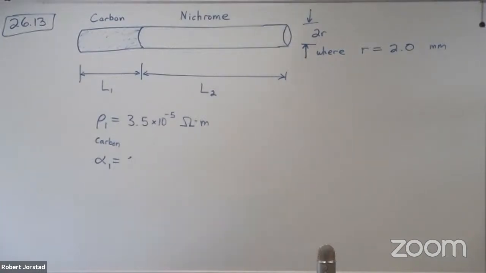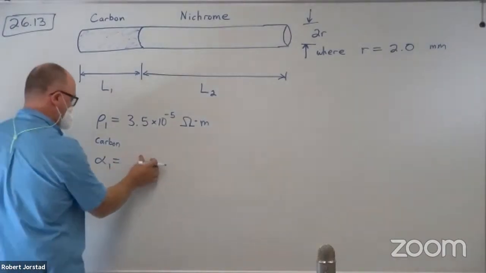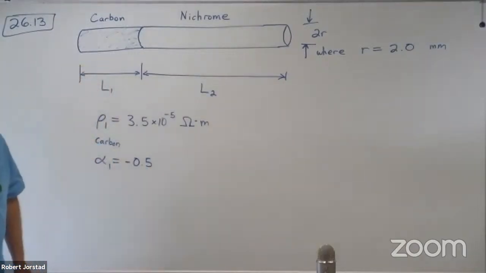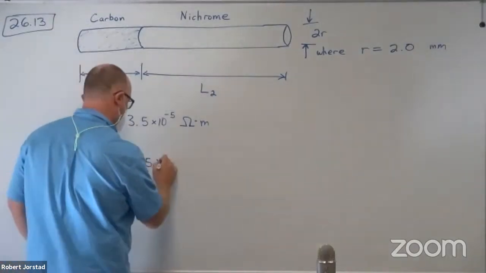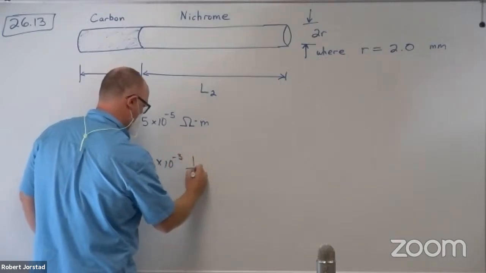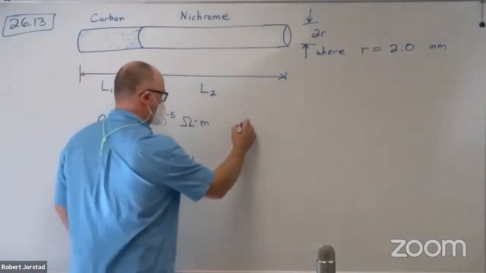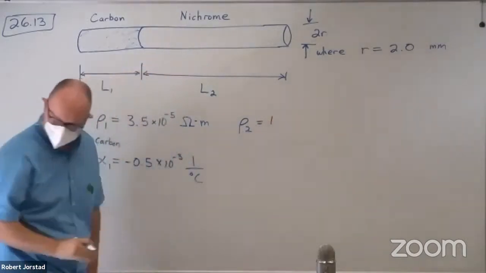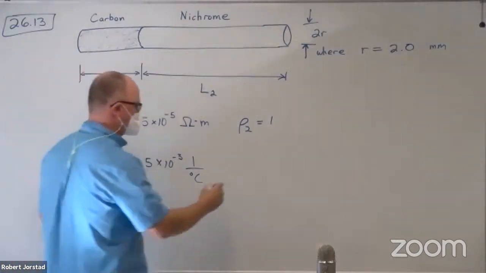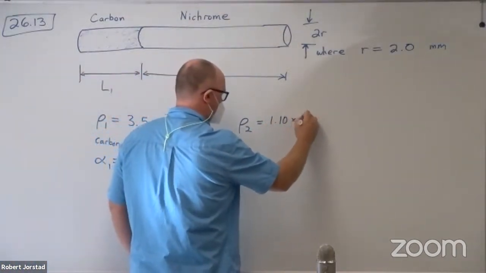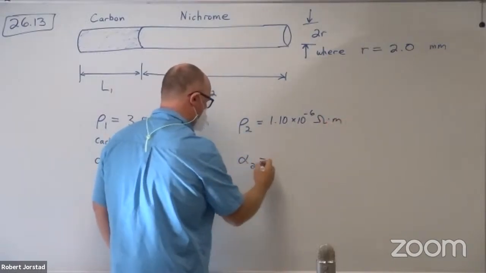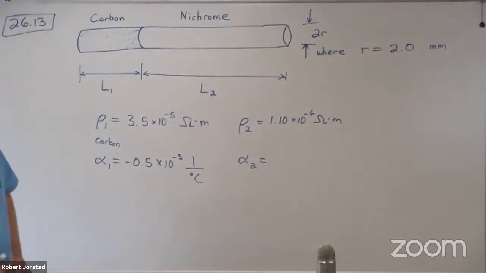Alpha is the temperature coefficient. Oh, okay. It's negative. And then what were the units? Times 10 to the minus 3, 1 over degrees Celsius. And the second one, 10 to the negative 6, and 0.4.